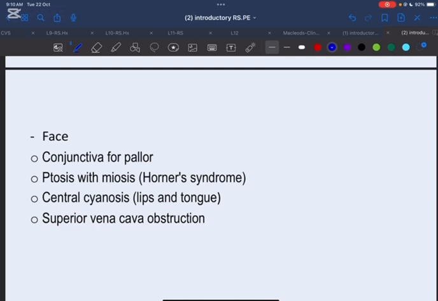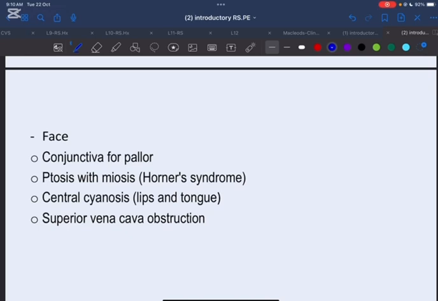Ptosis with miosis. What's ptosis? Drop of the upper eyelid, right. And when there is drop of the upper eyelid, you can see the upper border of the iris. Okay. Miosis is constriction.